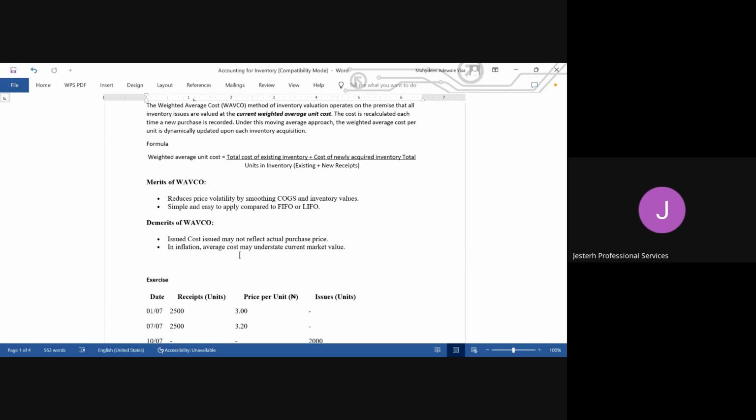The second advantage is that it is very easy to calculate compared to first in, first out, and last in, first out.